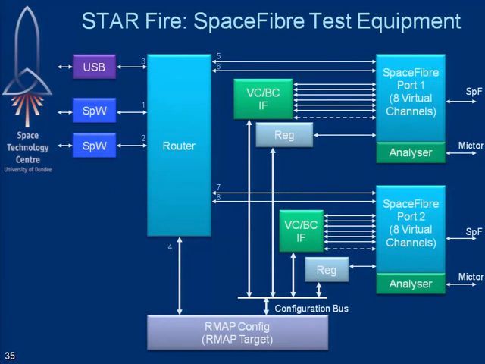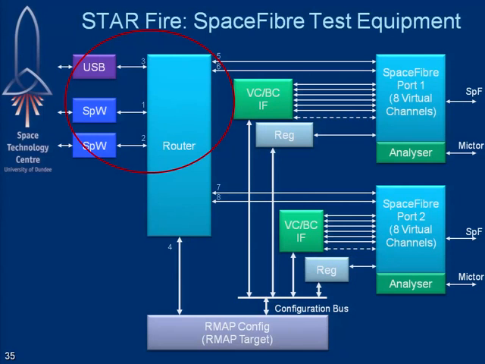This shows the block diagram. So we've got 2 SpaceFibre interfaces, SpaceFibre codecs in there, each with 8 virtual channels and a broadcast channel. We've included a SpaceWire router, which is connected to the 2 SpaceWire interfaces and to the USB interface, so we can hook it up to a host computer using USB.